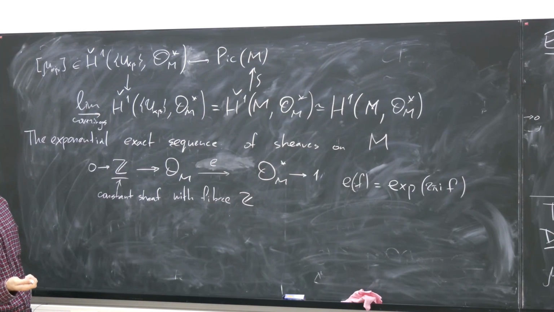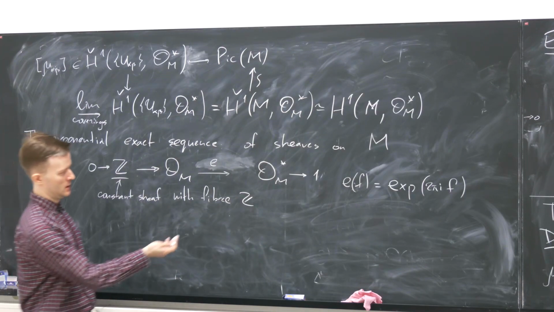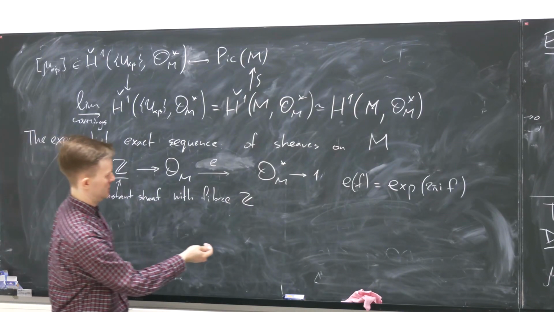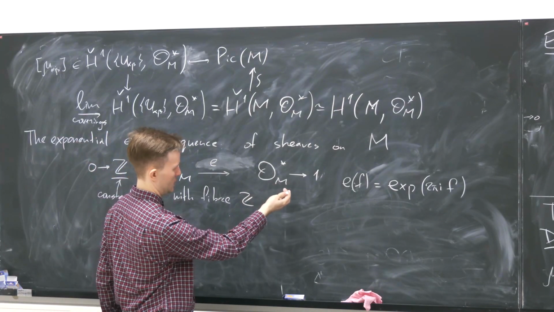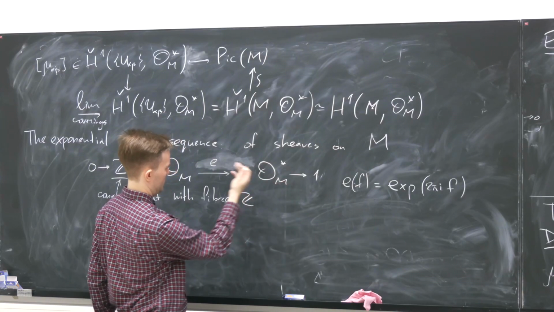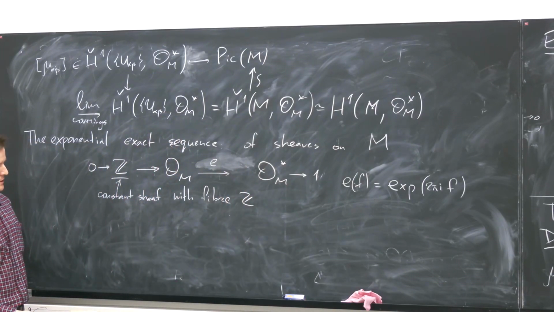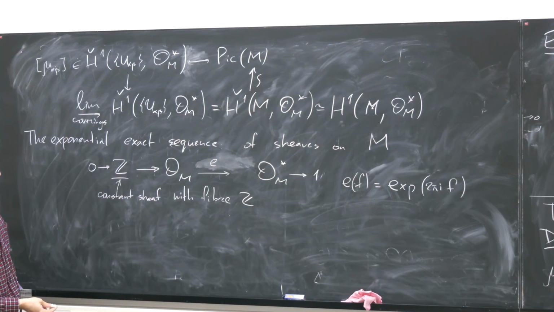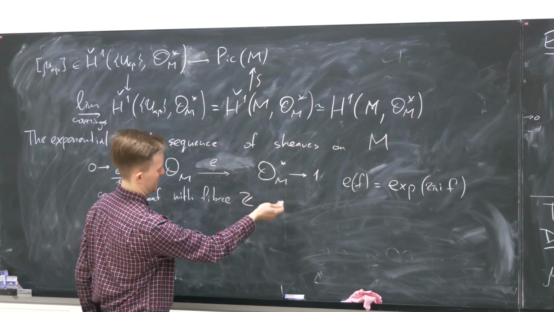Why is it surjective? I won't write anything, let me just spell it briefly. We need to check that the sequence is exact on the level of stalks. So how do we check that it is surjective?